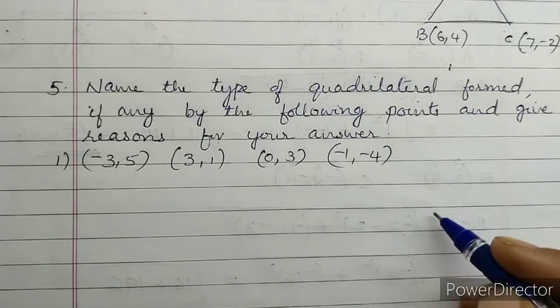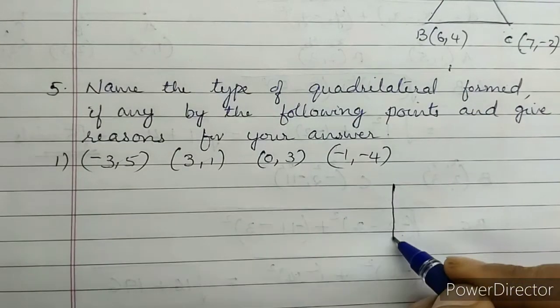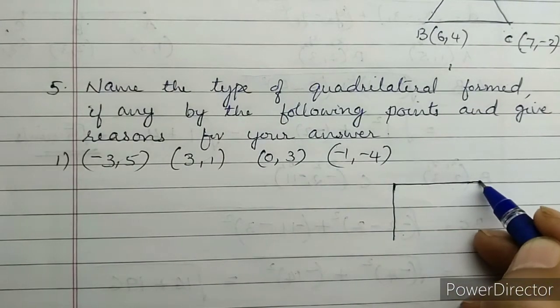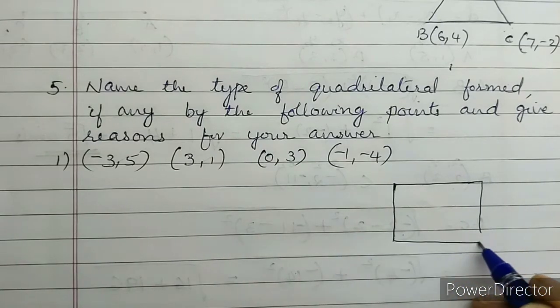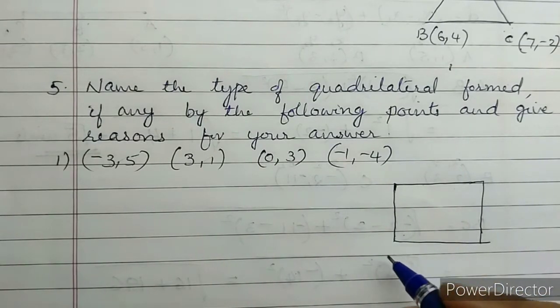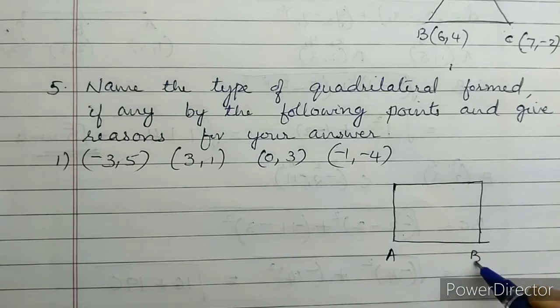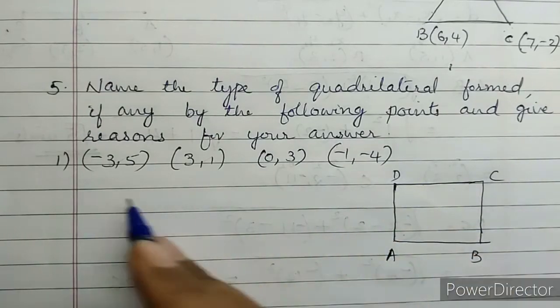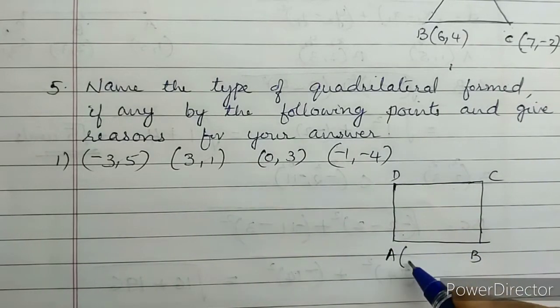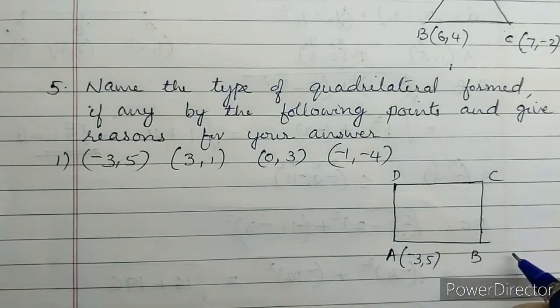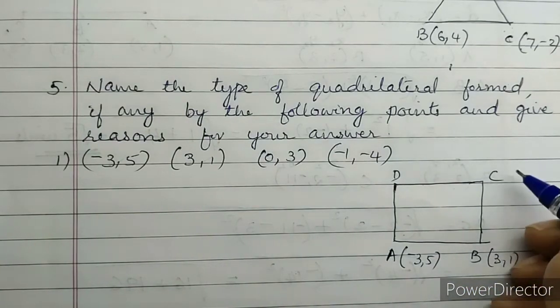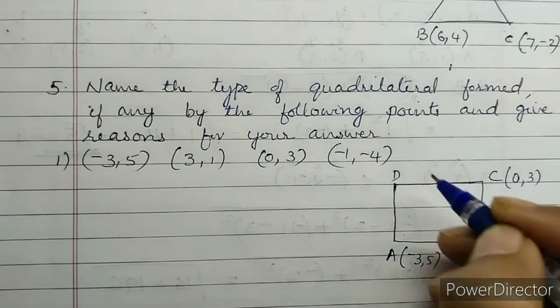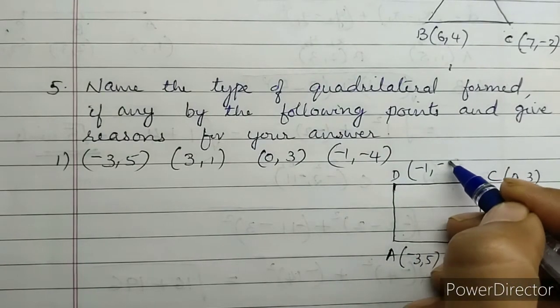So what you have to do is first draw one diagram. Any quadrilateral you just draw, give names A, B, C, D, and these 4 points you just put: A is -3, 5, B is 3, 1, C is 0, 3 and D is -1, -4.